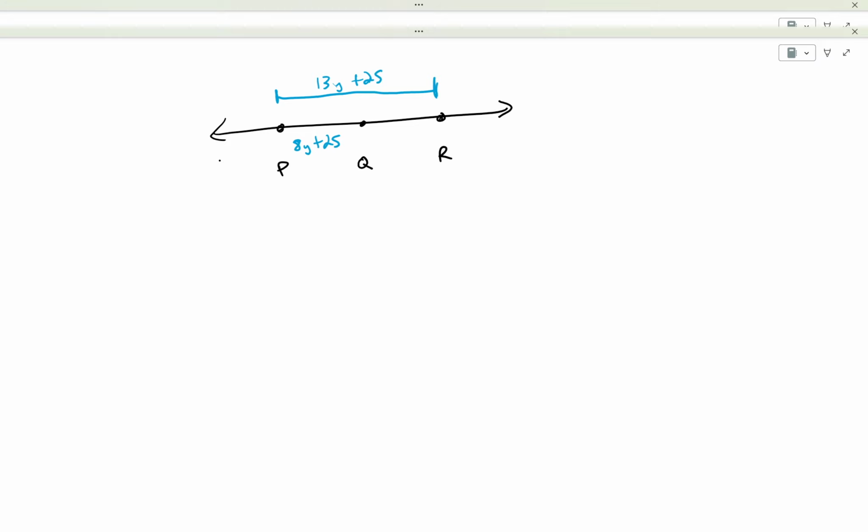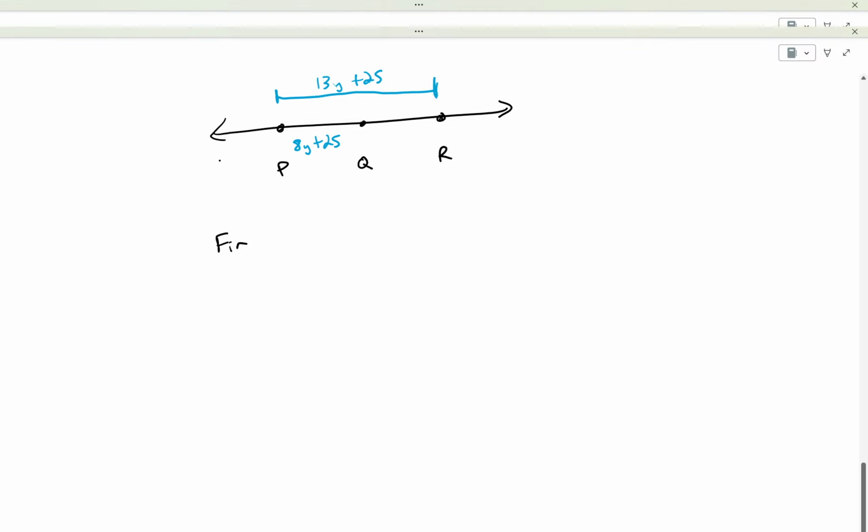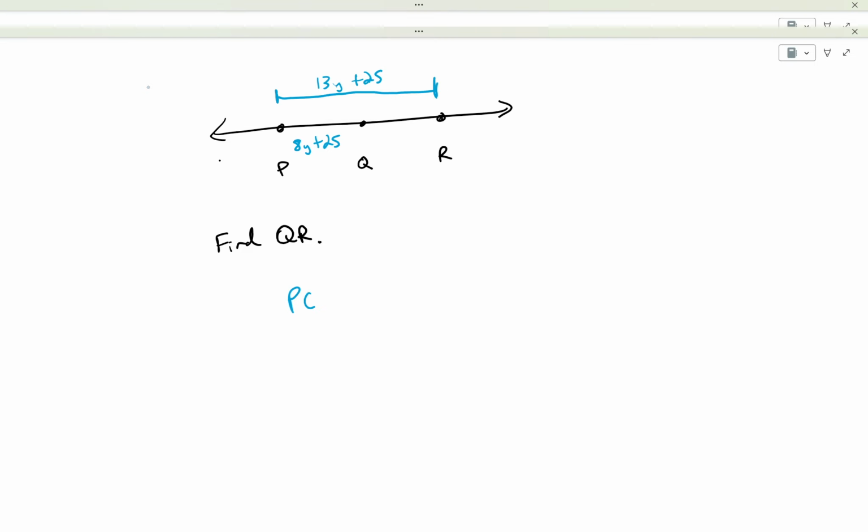And we need to find QR. Here we go. Step 1, write your segment addition statement. PQ plus QR equals PR.